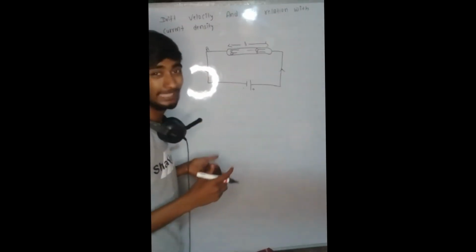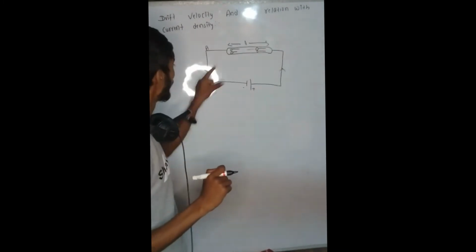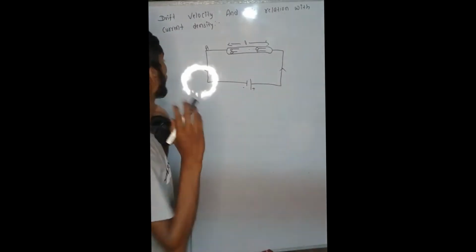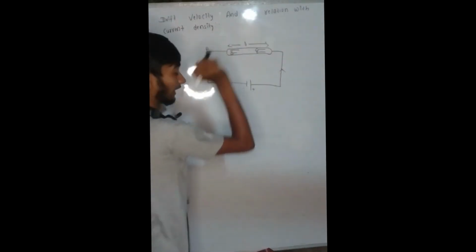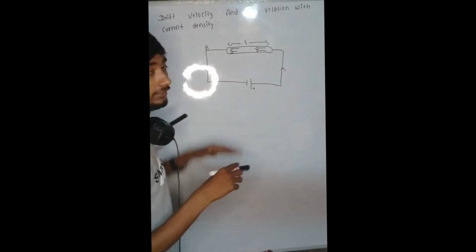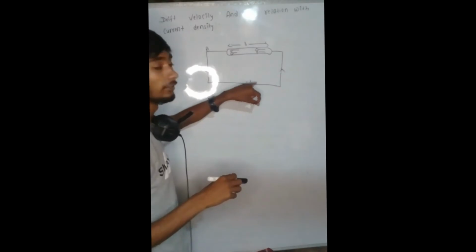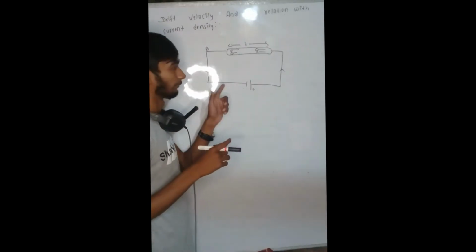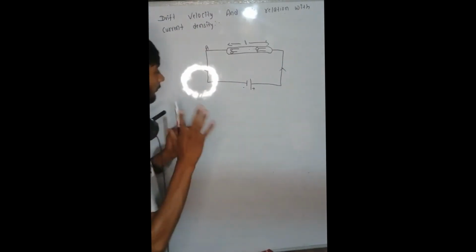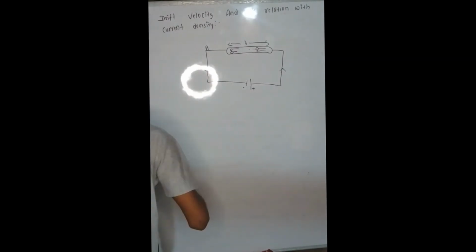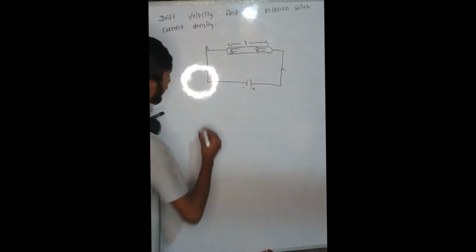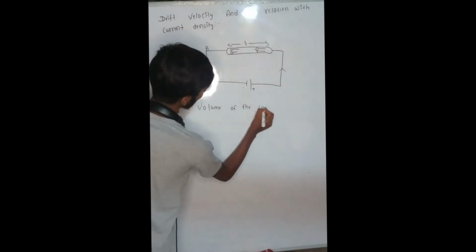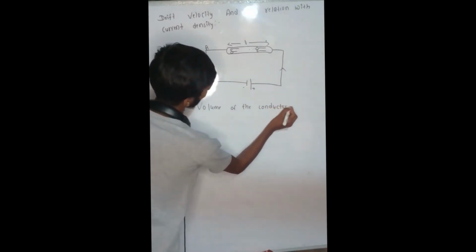Now let's explain this. Let us consider a section of conductor whose length is L and cross-sectional area is A, and let n be the number of free electrons per unit volume, and e be the charge of an electron. Now the volume of the conductor becomes AL.